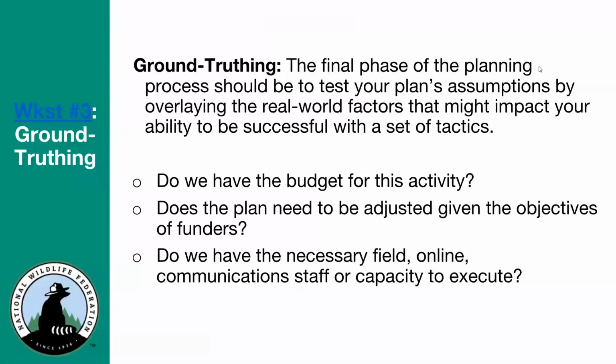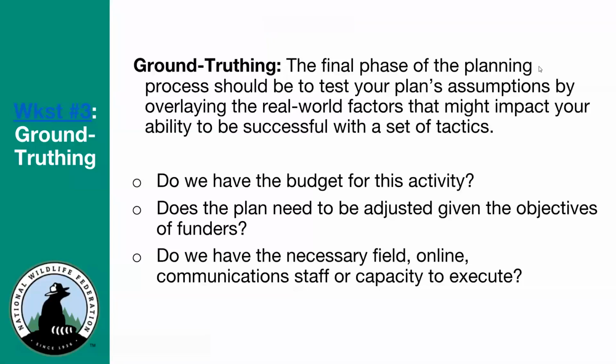Now we have to come back to the real world and ask questions like, do we have the budget for this activity? Or do we need to raise the money? So it's not necessarily, no, we don't have the budget, we can't do it. It can be, no, we don't have the budget, we need to get the money. But a lot of times we have funders that have really specific parameters around our campaign.